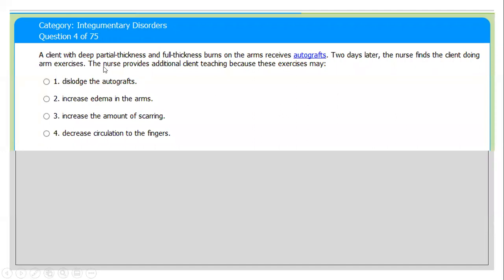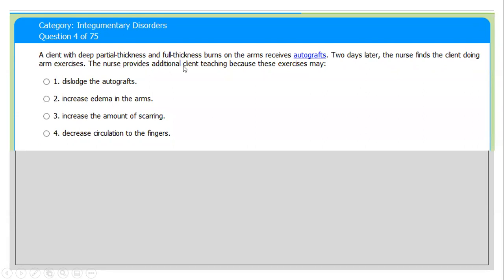Next question. A client with deep partial thickness and full thickness burns on the arm receives an autograft. 2 days later, the nurse finds the client doing arm exercises.